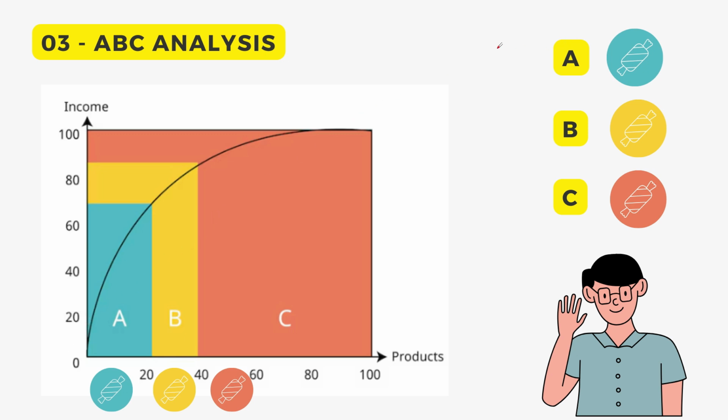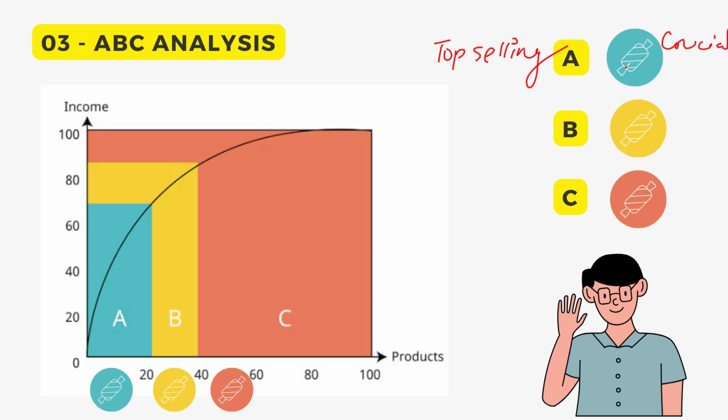So category A is his top selling toffees. These are very crucial to Ali. These items are either high in demand, generate the highest revenue, or they can be trending among his customers.